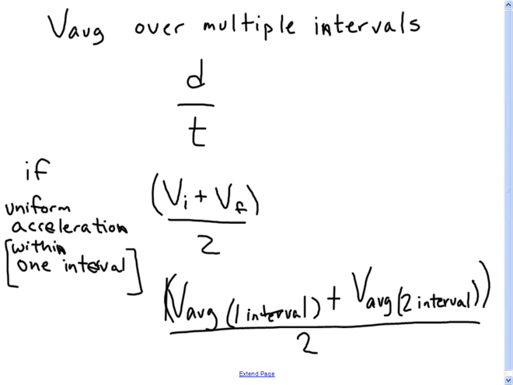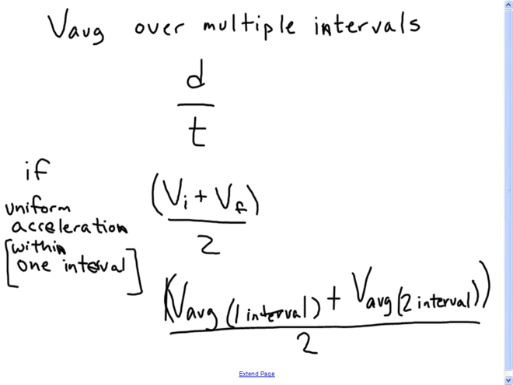Now, if you went 50 miles an hour for an hour, and then you went 70 miles an hour for 5 minutes, have you averaged 60 miles an hour? No. Your average speed would be a lot closer to 50 because you spent so much time going 50, didn't you? So this equation works sometimes. When does this equation work? When the time that you spent doing both speeds is equal.